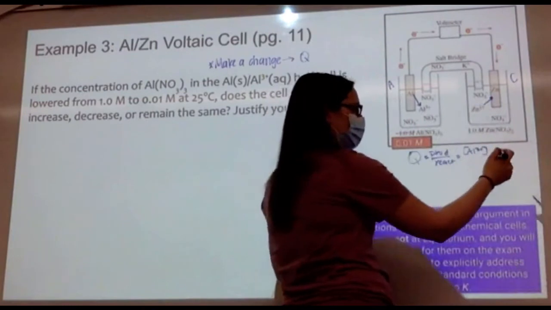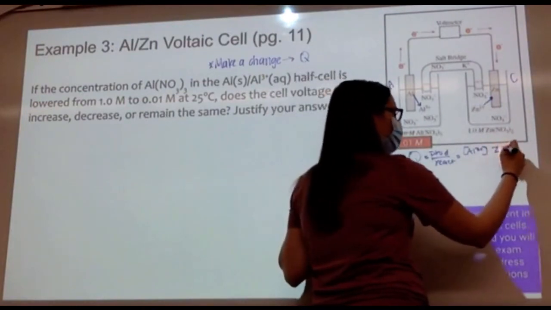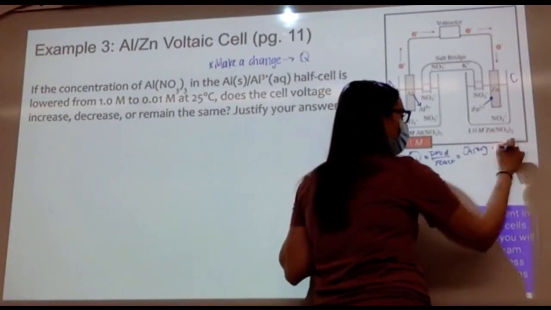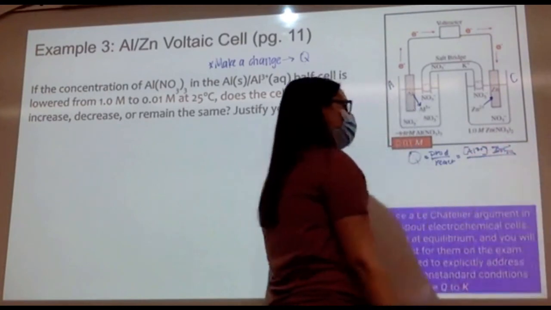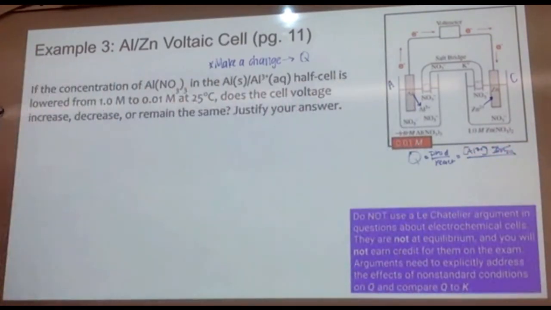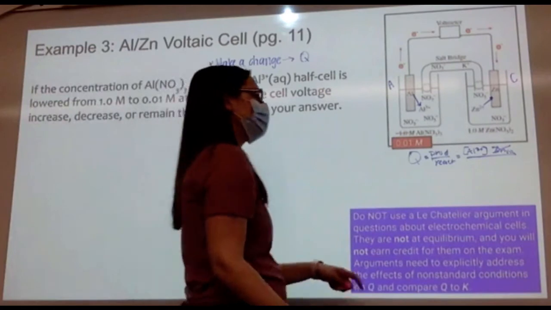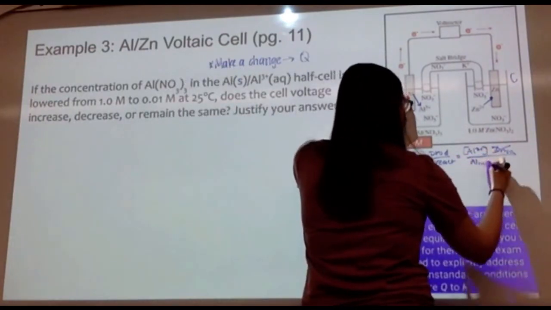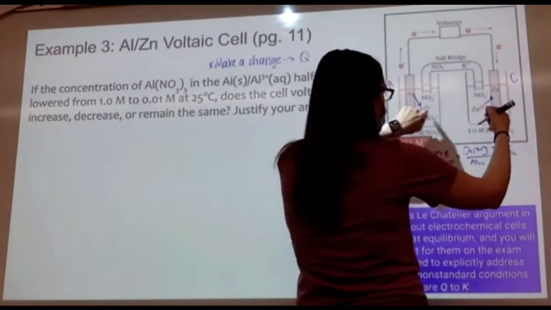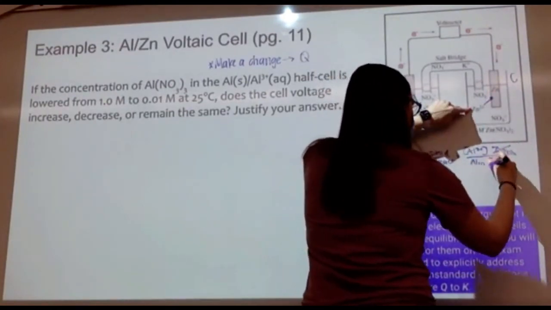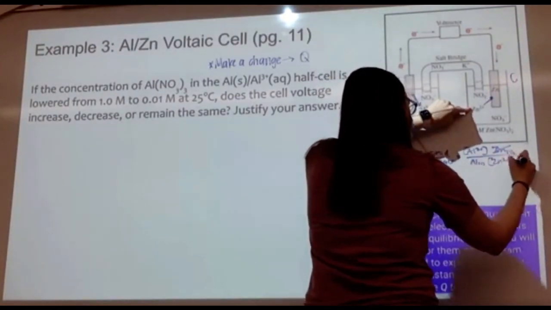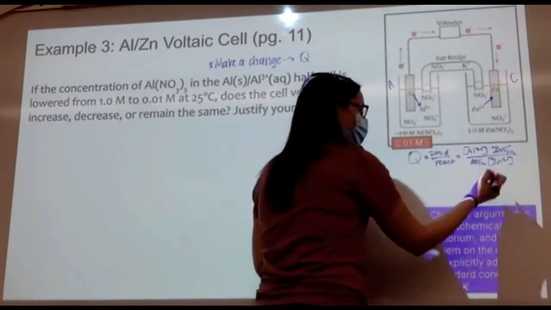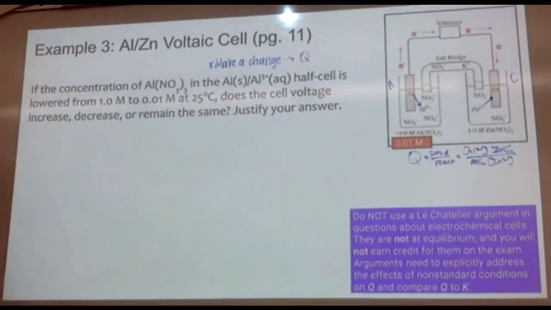But I don't put zinc in here. I'll do this and then cross it out just so we remember. Remember, solids and liquids are not in Q or K expressions. My reactants, I start with aluminum solid. And I start with Zn2+ on the other side. Solids are not included. So really my Q is Al3+ concentration over Zn2+ concentration.